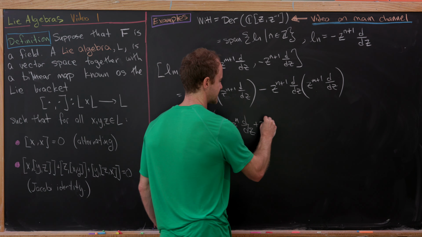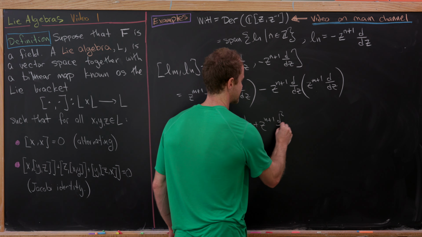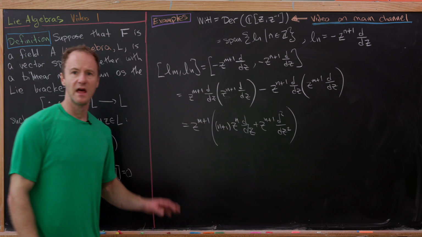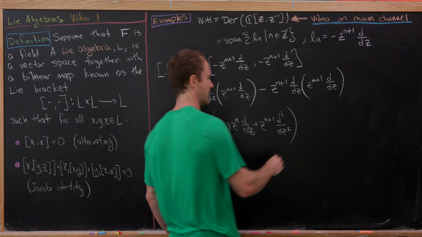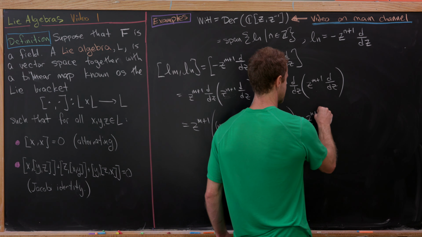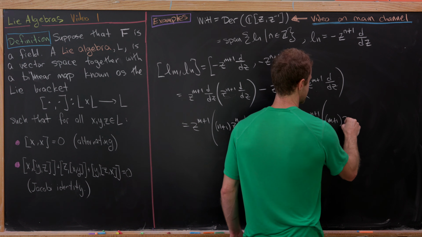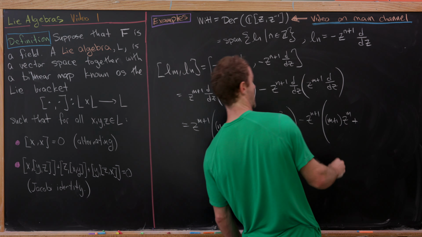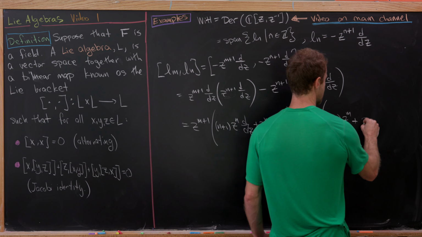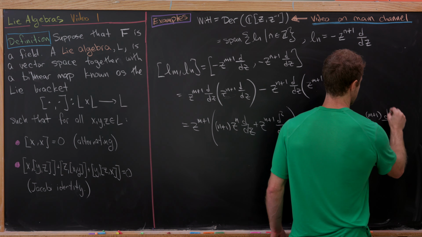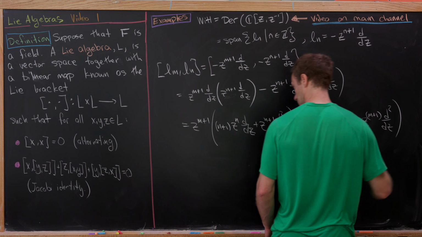And then we'll have plus z to the n plus 1 times the second derivative with respect to z. And then we've got a similar thing for the other bit. That'll be minus z to the n plus 1, and then we'll have m plus 1 z to the m, and then plus z to the m plus 1 times the second derivative with respect to z.